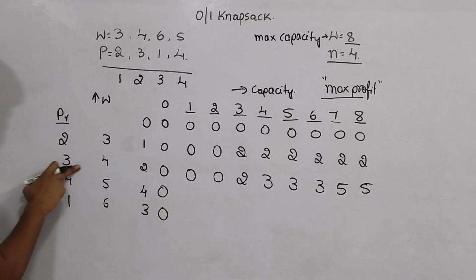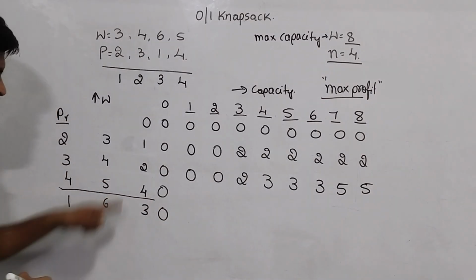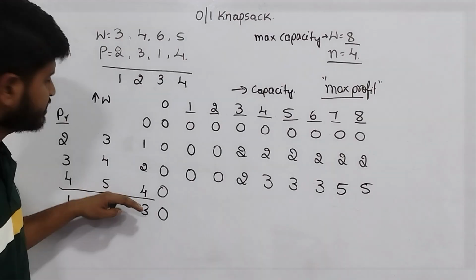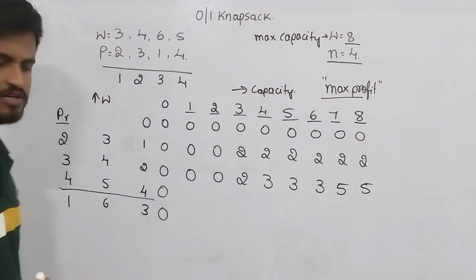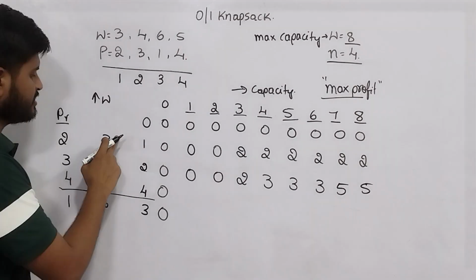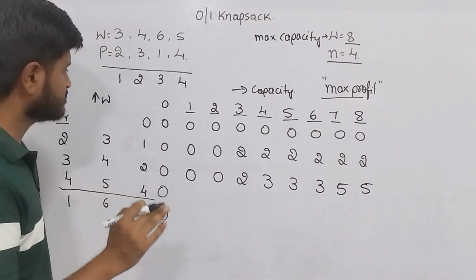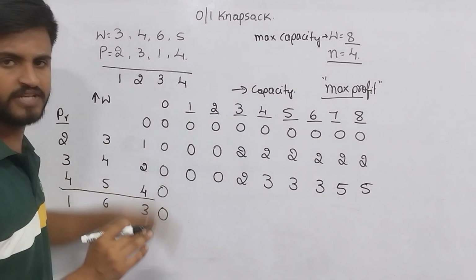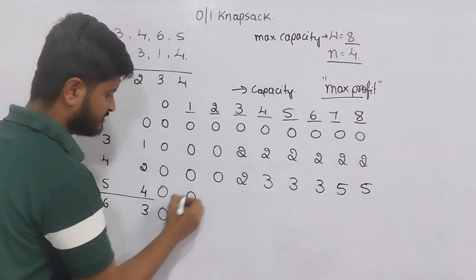Now let's move on to the another object, that is fourth object. While considering fourth object, you must also consider the objects above it. First object, second object and fourth object will be considered now. If you see, the weights are 3, 4, 5. So up to that you just copy the values which are in the upside. So capacity is 1, you can't place any item.